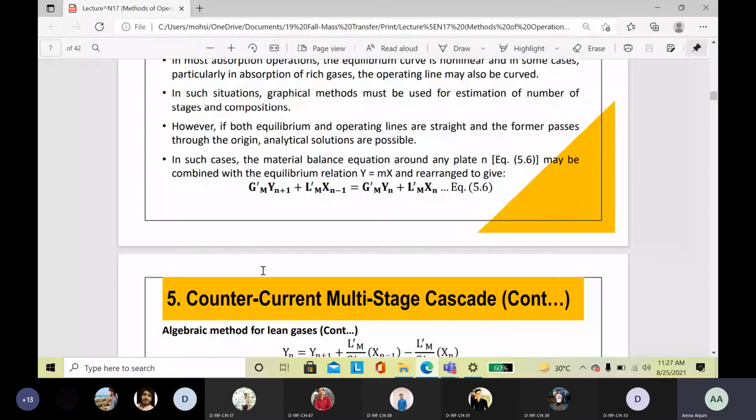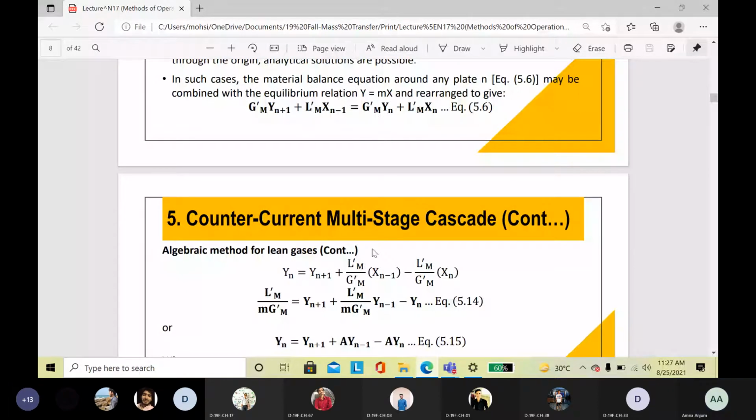Equation 5.6, that is, n1 plus L prime m x n minus 1 equals G prime m y. If we rearrange it, we get this equation.